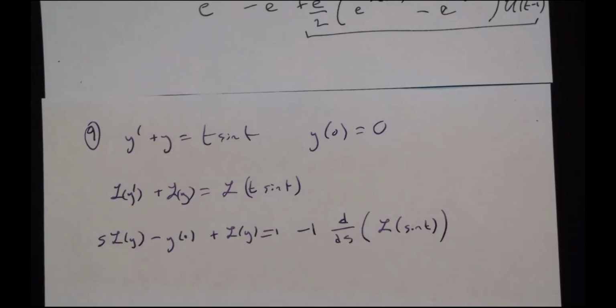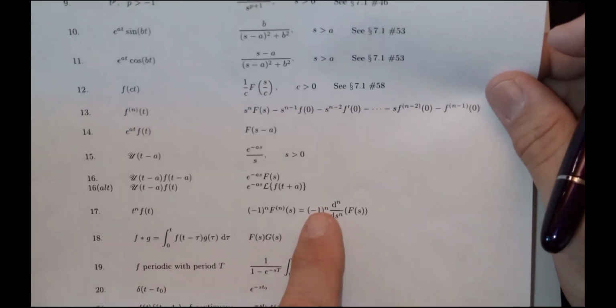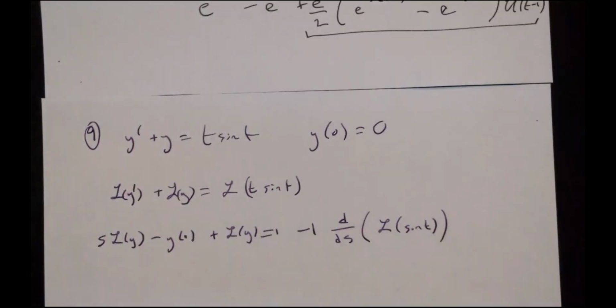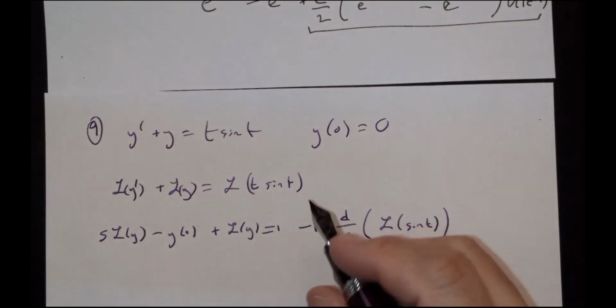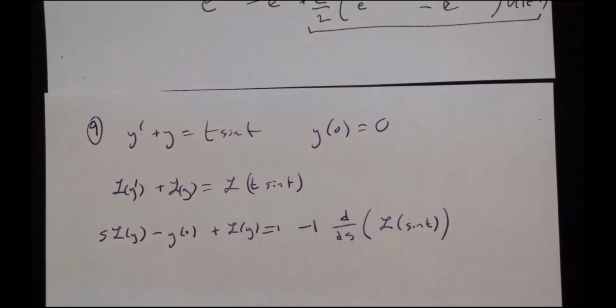Why is it? -1 to the n. Okay. And that's a -1 to the first because it's the first derivative. And I just need, what's the Laplace transform of sine of t? That's 1 over s squared plus 1.